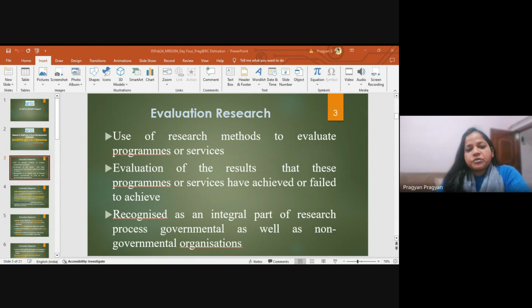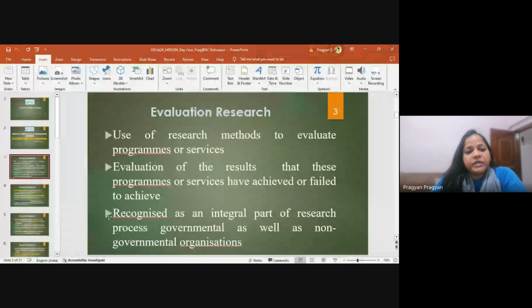So evaluation research is going to be the foremost, the basic, very fundamental research method in this area of rural development. So it is very important to understand, as you can see from this slide, what is the use, or what are the requirements, why do we need evaluation research?